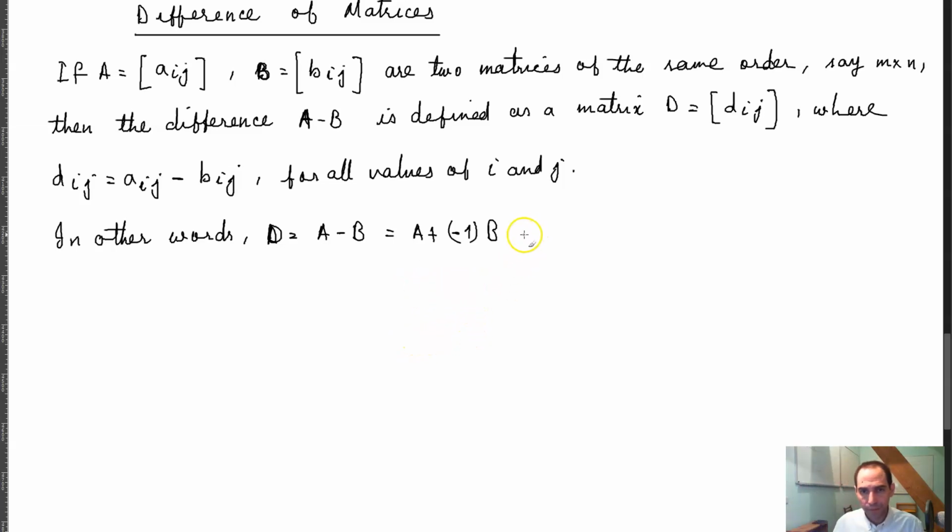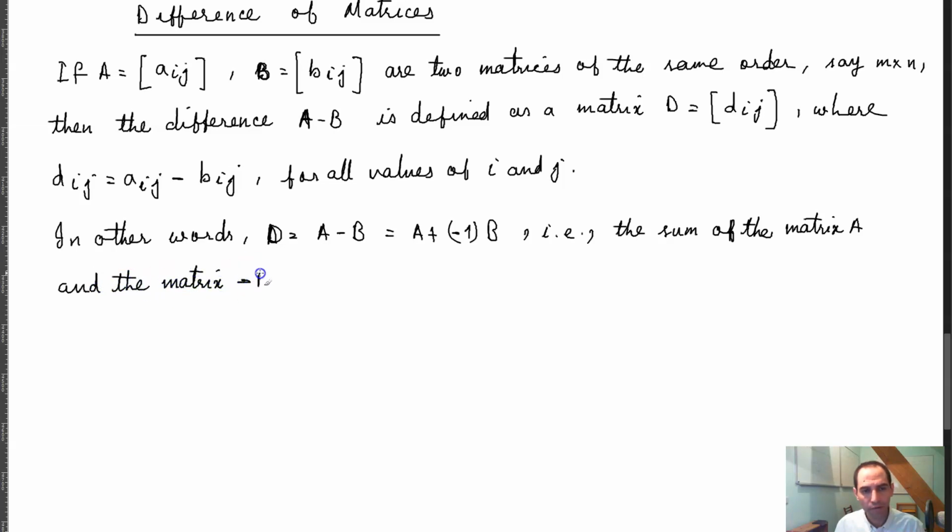That is the sum of the matrix A and the matrix negative B.